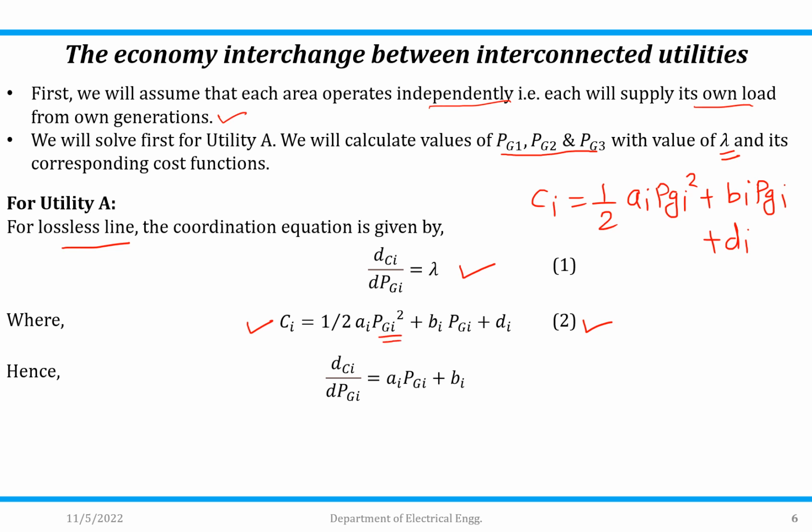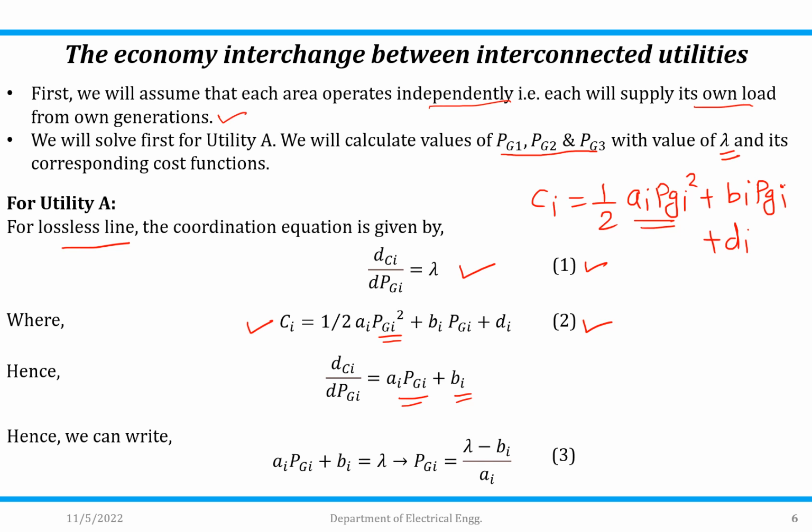So in half Ai PGi square, the 2 will get cancelled and we will get Ai PGi only, plus with respect to PGi the derivative of Bi PGi will be 1, so we will get Bi only. Di is the constant term, so it will not be there. So we get dCi upon dPGi equal to Ai PGi plus Bi. Let's say this is 2a.